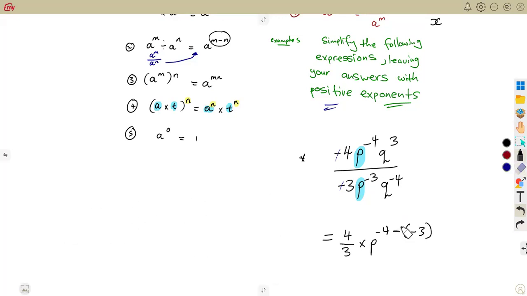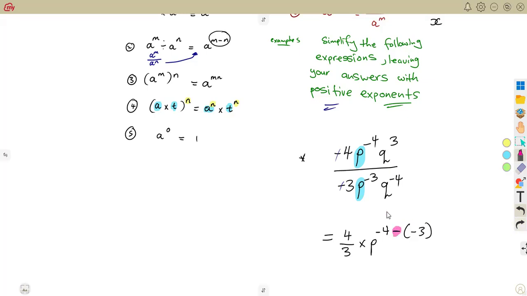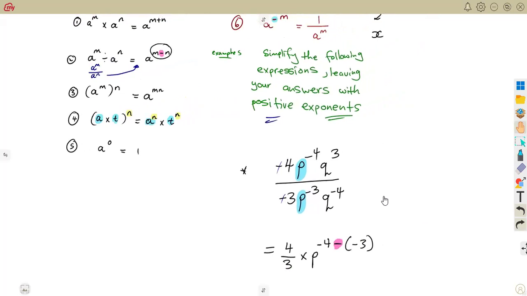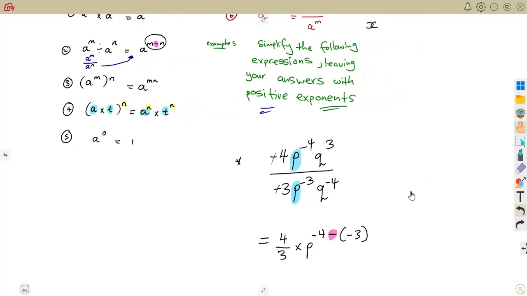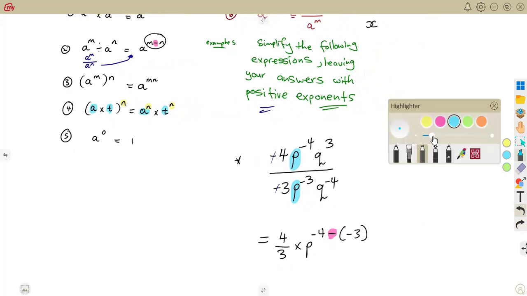This minus is for our laws of exponents, where we are dividing the same base. But the negative on the 3 is the sign of the number. It is carrying its own negative. So do not neglect that.